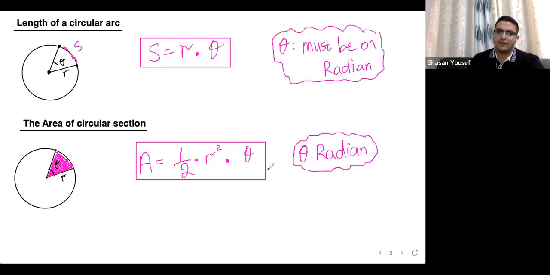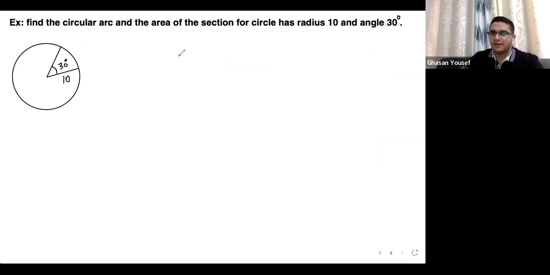r times theta, correct. If you want to find the length of the circular arc, r times theta. Theta here must be in radian, right? So theta equals 30 degrees. How can I convert it? So it must be in radian. So first step, I have to convert theta to radian. Yes, exactly.